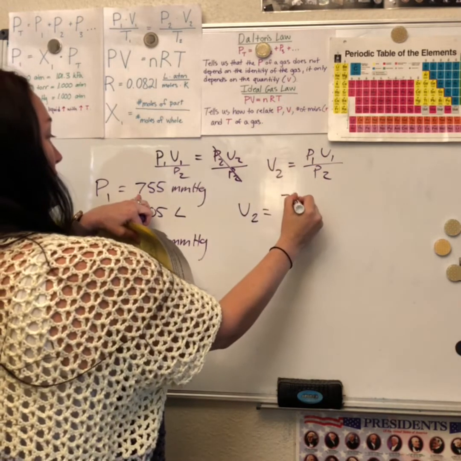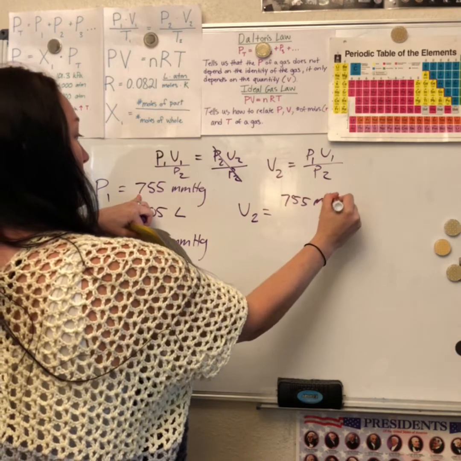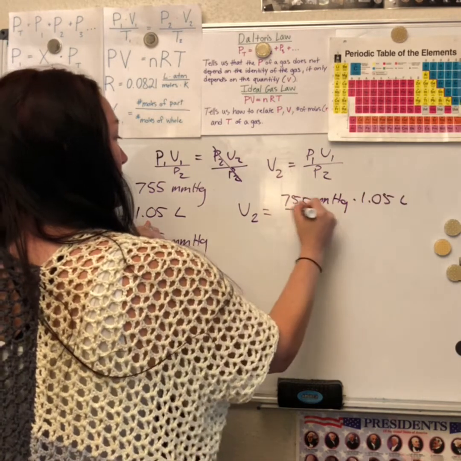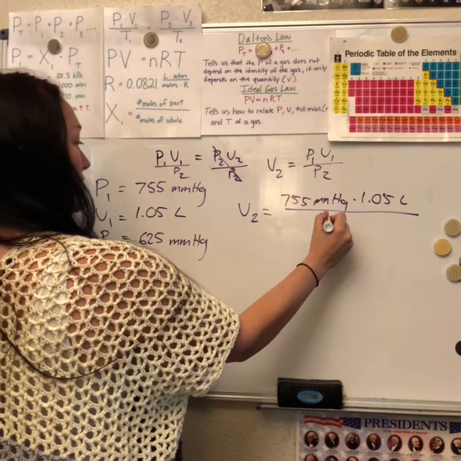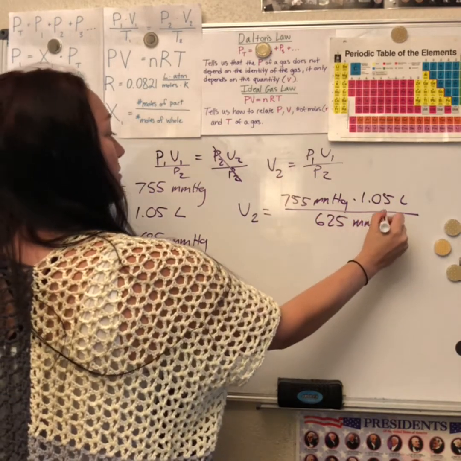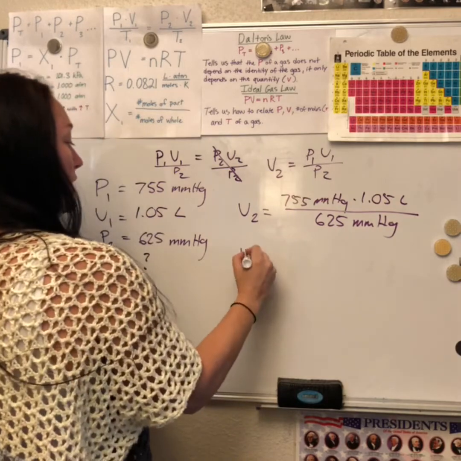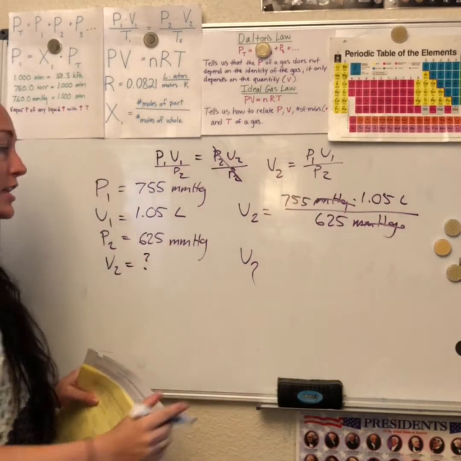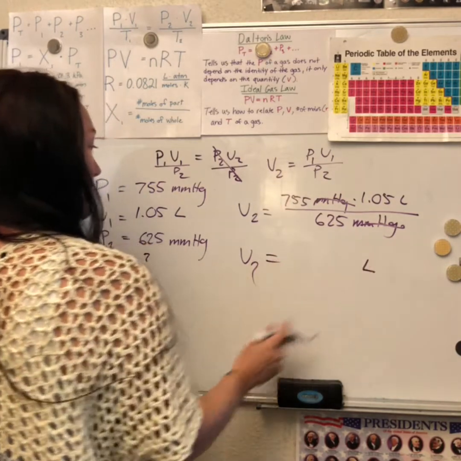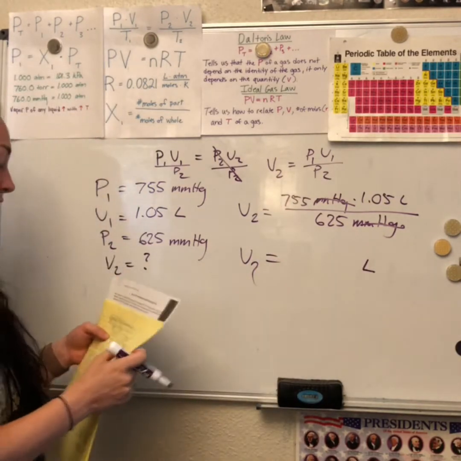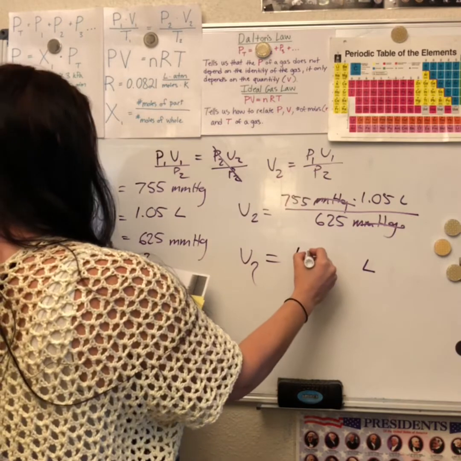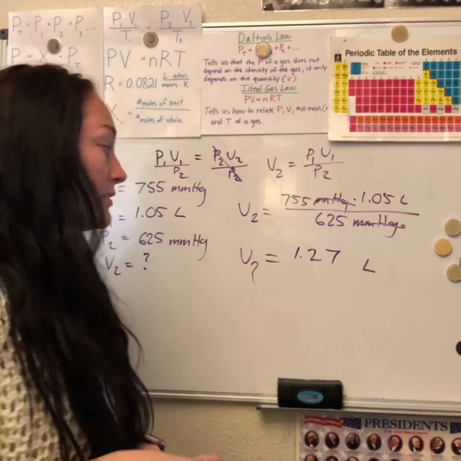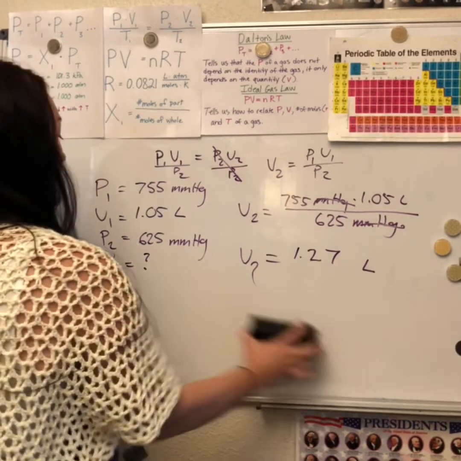P1, 755 millimeters mercury, times your volume, 1.05 liters, over your second pressure, 625 millimeters mercury. So go ahead and crunch this through. Your unit for pressure is going to cancel. It's going to leave you with liters, which is good. That's what we're trying to find. And if I do that and pay attention to significant figures, I'm going to end up with 1.27 liters. Okay? So that's the first one.